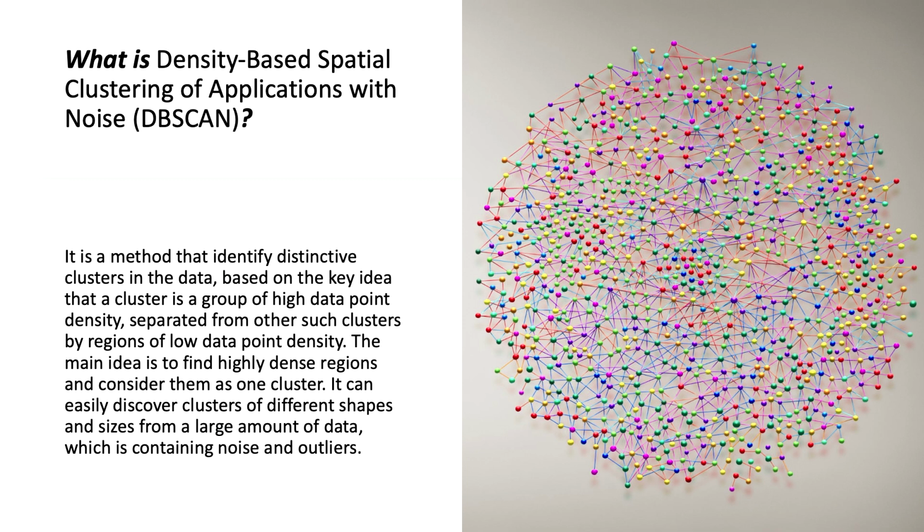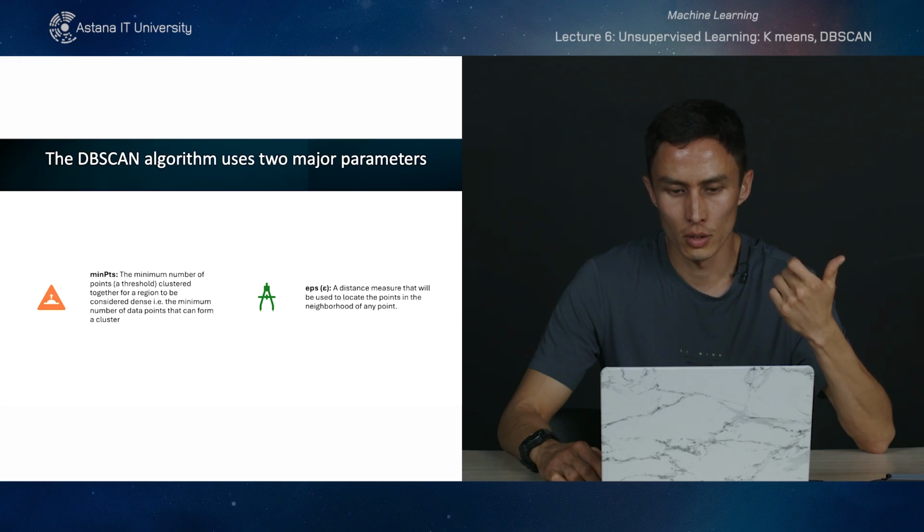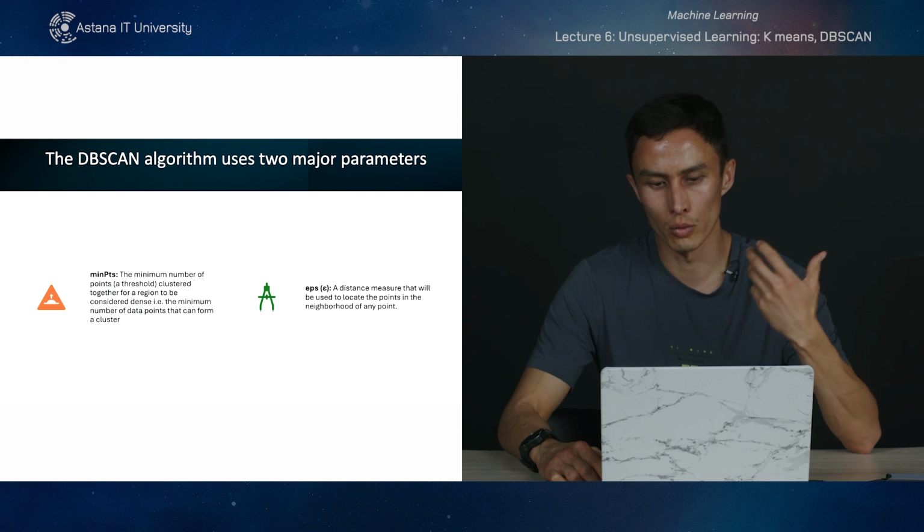This algorithm also works well even in the case of outliers. Here we provide minimum points, the minimum number of points clustered together for a region to be considered dense. We should also provide an epsilon value, a distance measure used to locate the points in the neighborhood of any point.